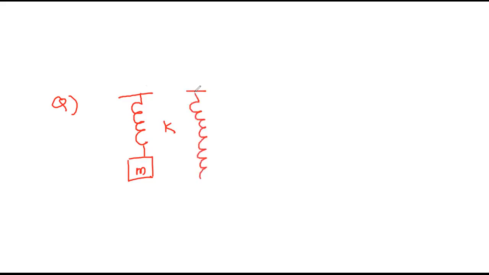One very interesting sum now. A spring has force constant K tied to a block of mass M. Due to this block, it gets stretched by distance x and comes to equilibrium.